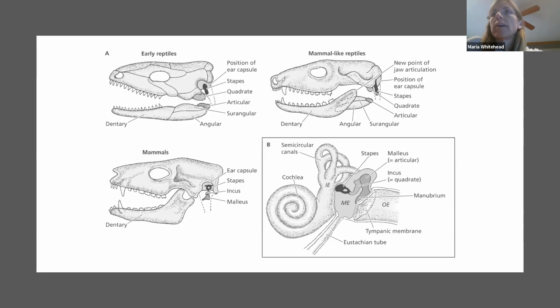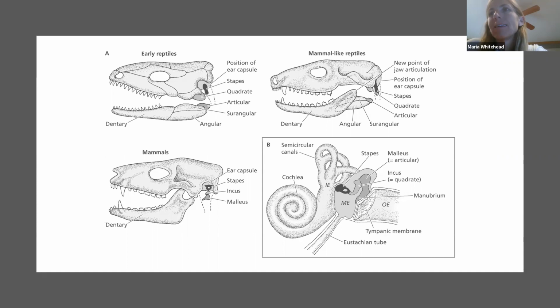So the phylogeny of the jaw articulation and ear bones is really important in the evolution of mammals. You can study this figure looking at early reptiles and the 3 to 4 bones that comprised the lower jaw compared to the mammalian lower jaw, and see the sort of fascinating event that occurred, which is that those lower jaw bones actually migrated to form some of the inner ear bones.